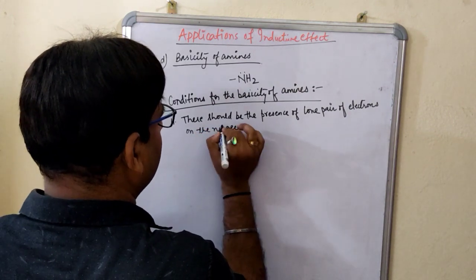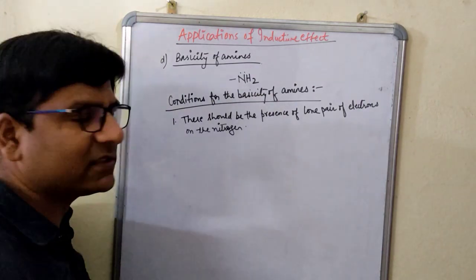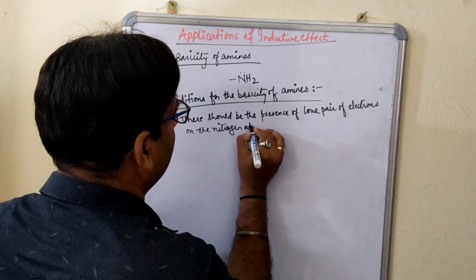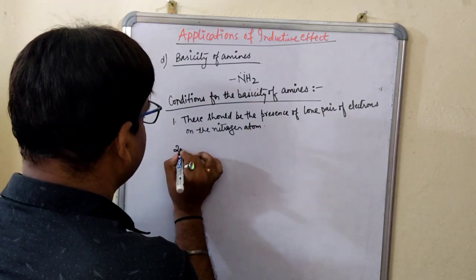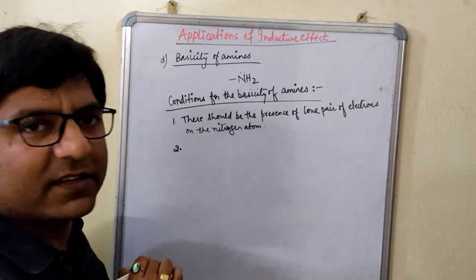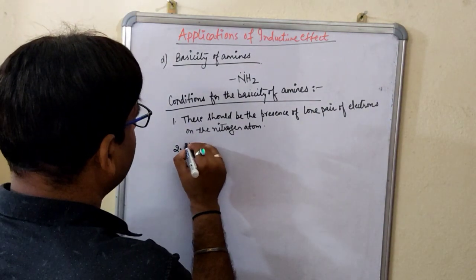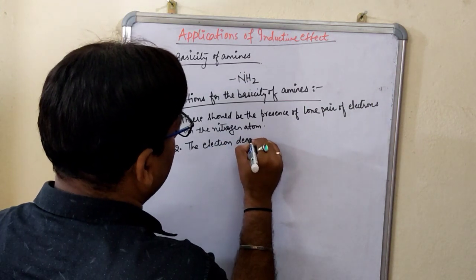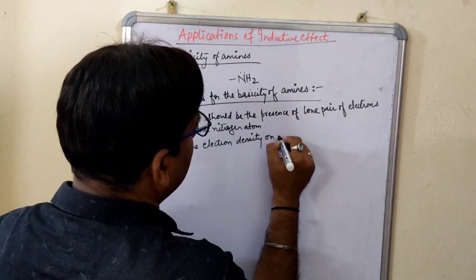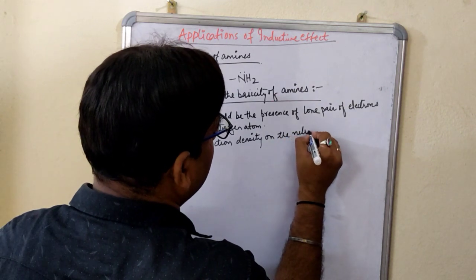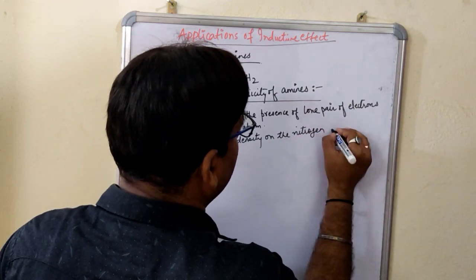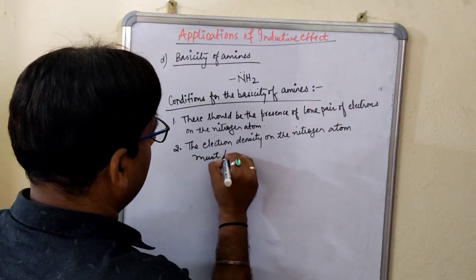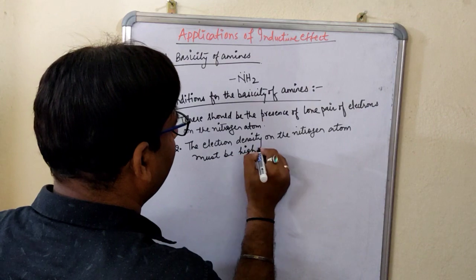This is the first condition, students, that there should be the presence of a lone pair of electrons on the nitrogen atom. The next condition says that the electron density on the nitrogen atom must be high.